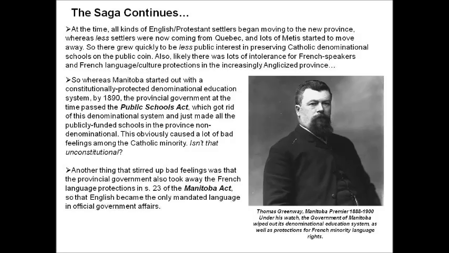You have to litigate, or the judge wants to put you on trial for something. What if you're French? No longer are you entitled to French language there. So you could just see the intolerance here. Anyway, this is Thomas Greenway here, and he's the fellow who brought all this stuff in.